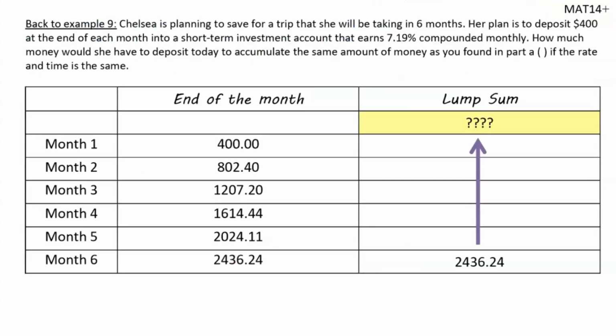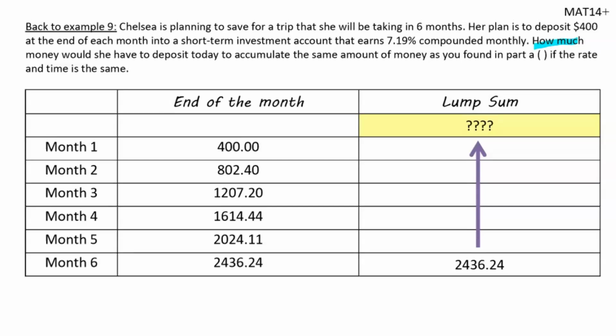Now we have part 2 of the problem. And in that, it says, how much money would Chelsea have to deposit today to accumulate the same amount of money as we found in the first part of the problem, if the rate and the time were the same? Okay, a couple things to note.